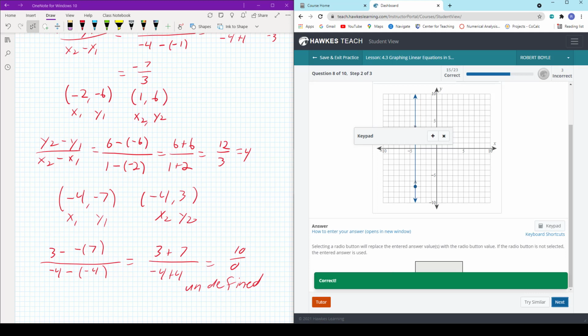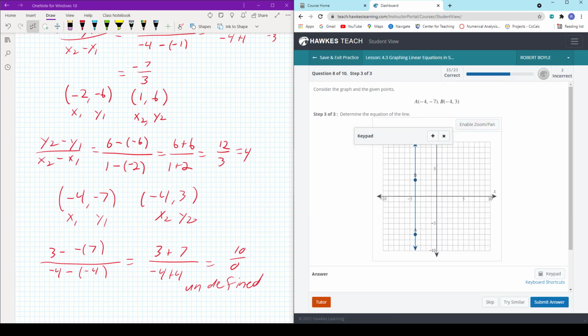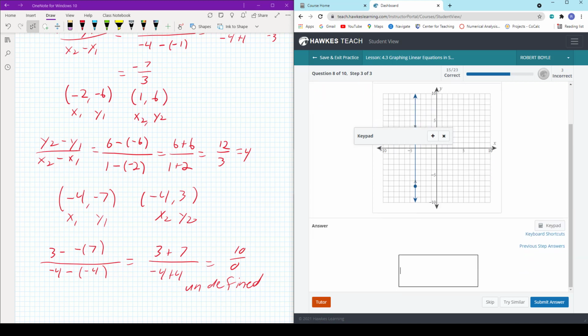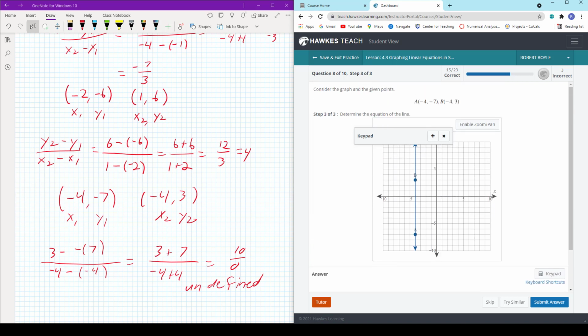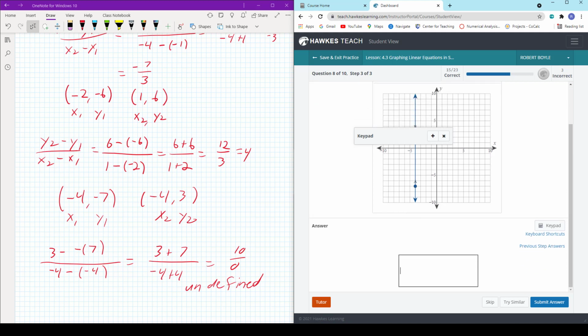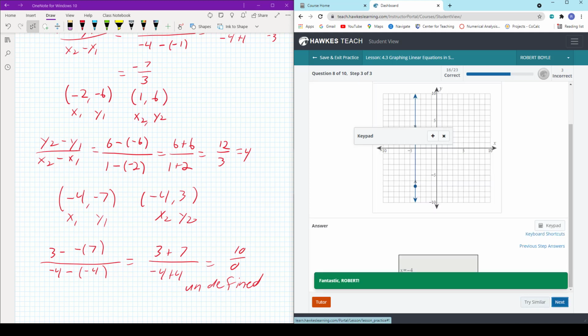And then finally, oh wait, I need to hit next first. And then finally, we need to determine the equation for the line. We'll take a look. No matter the value of y, x will always be equal to -4. So our equation is x equals -4. And lo and behold, I'm right. Hallelujah. I was kind of worried about that.